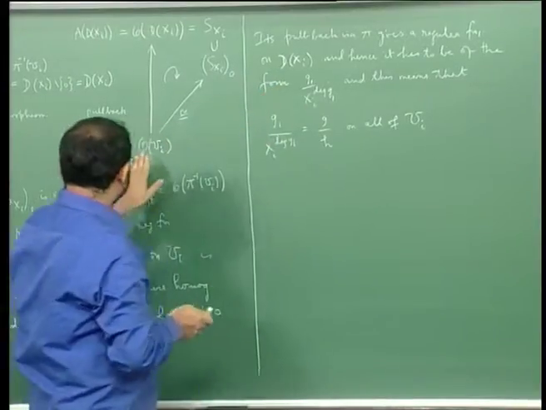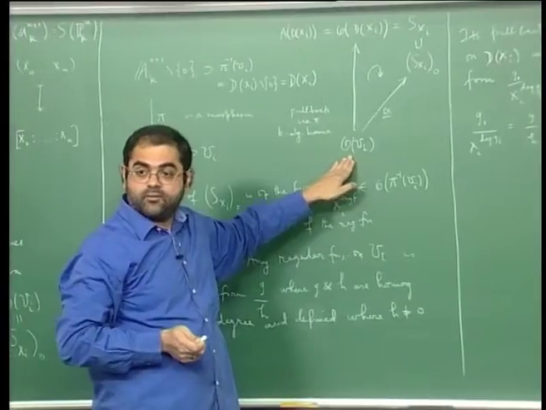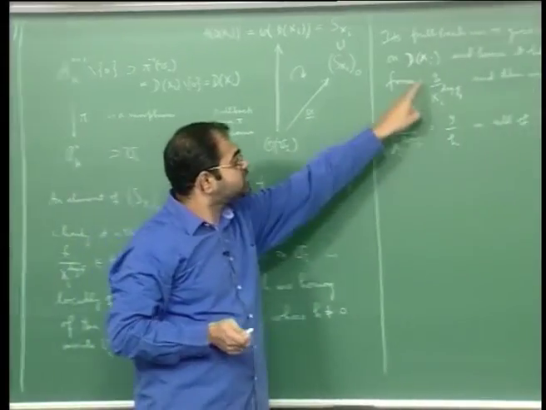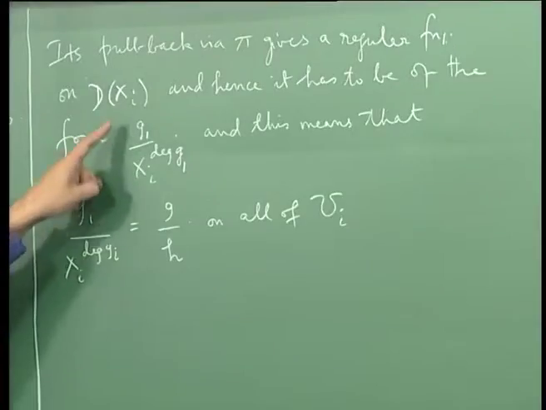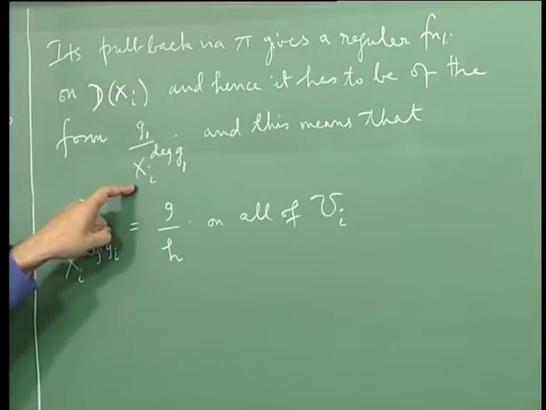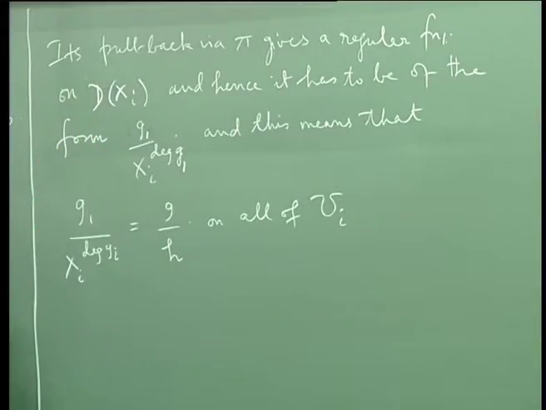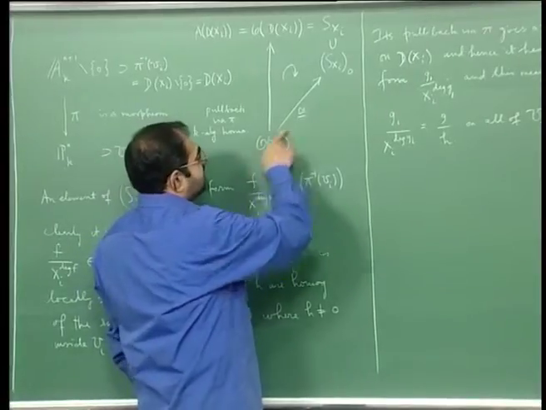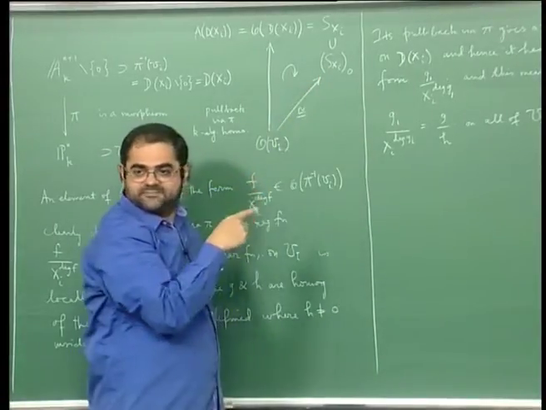Therefore the function I pulled back from below is given globally in this form. This is just the statement that this mapping is surjective.